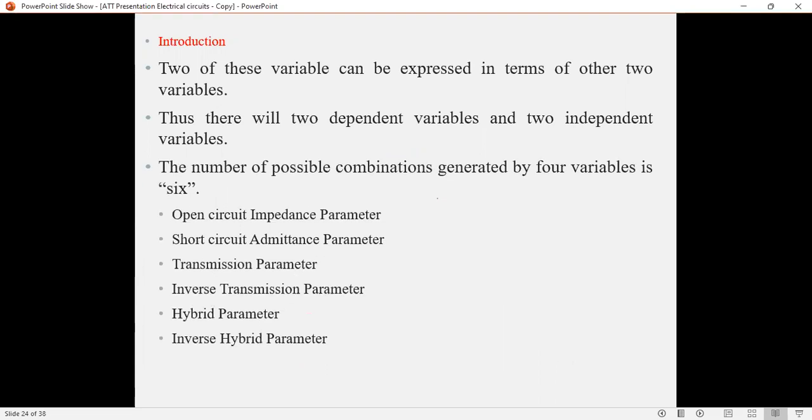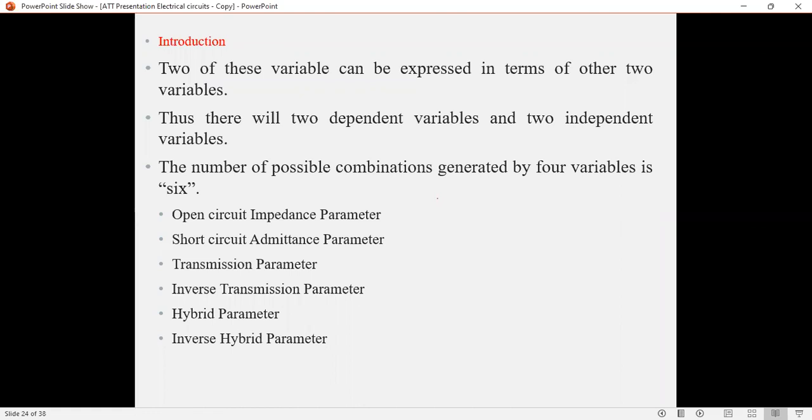Now the number of possible combinations generated by 4 variables is 6. These associated variables are input voltage, output voltage, input current and output current. From these variables, there are 6 possible combinations of parameters. First, the open circuit impedance parameter, which we call the Z parameter.